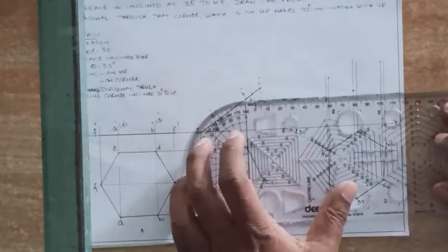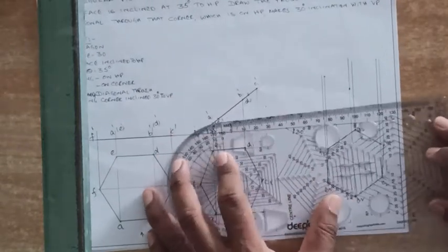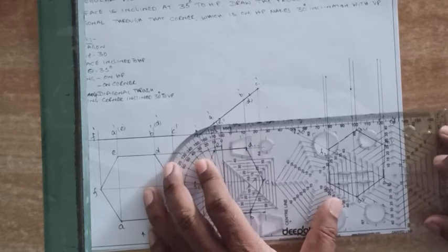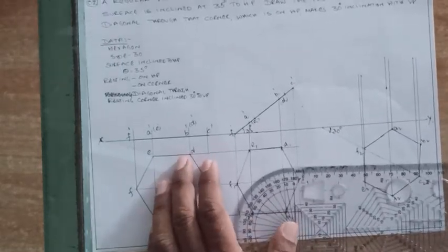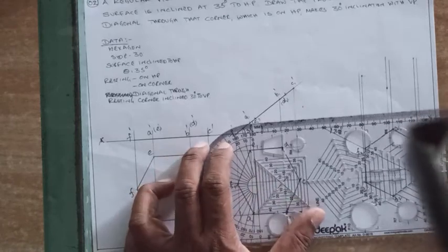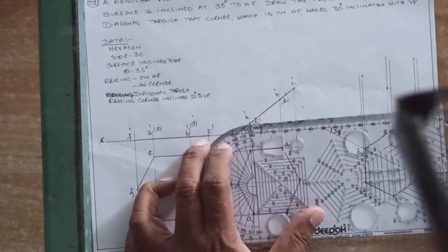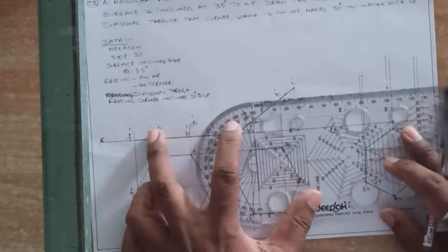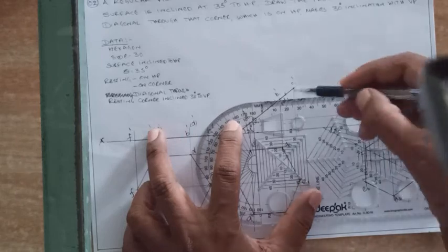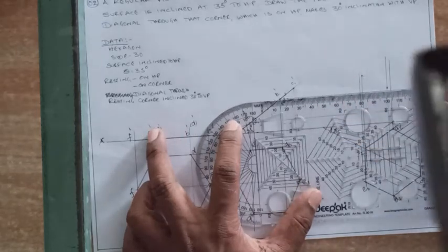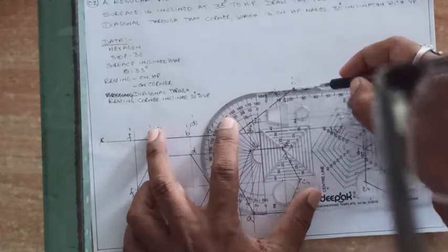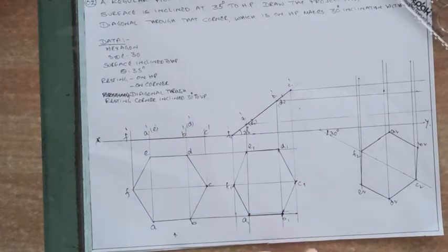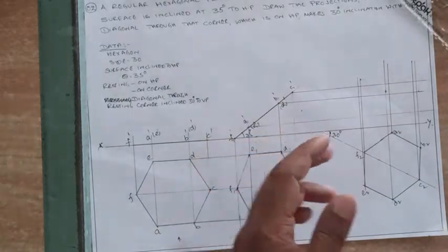Then horizontal projectors, from here, again from B1, again from C1. All thin lines. Projectors should always be thin lines. Now you have to locate the points here.